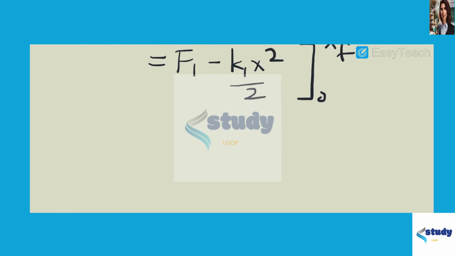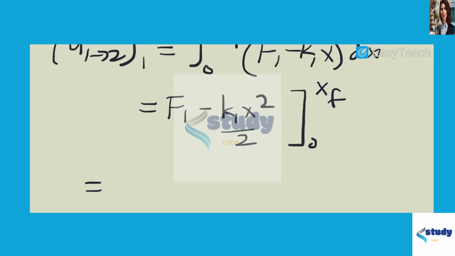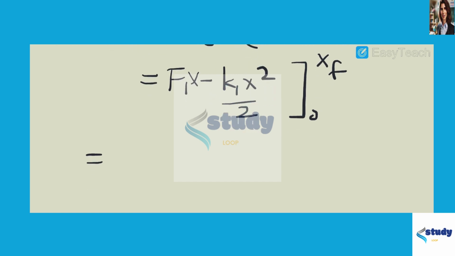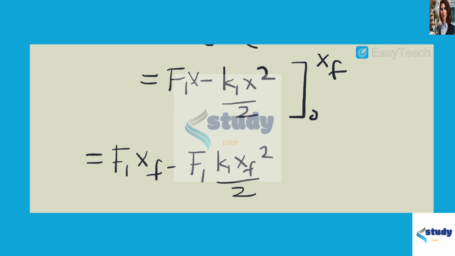Now if we plug in these limits, this is going to be equal to F1 xf minus K1 xf squared over 2.